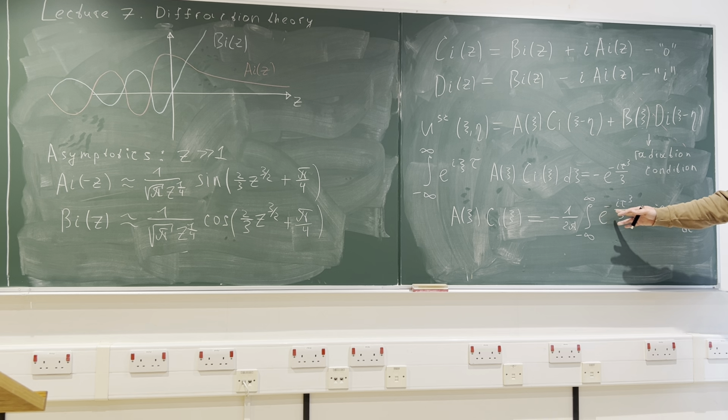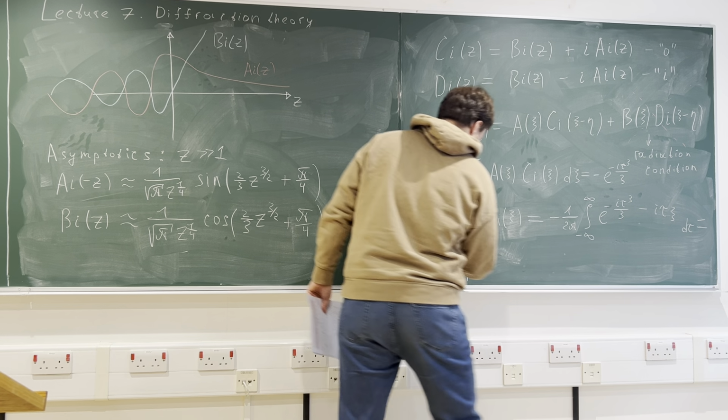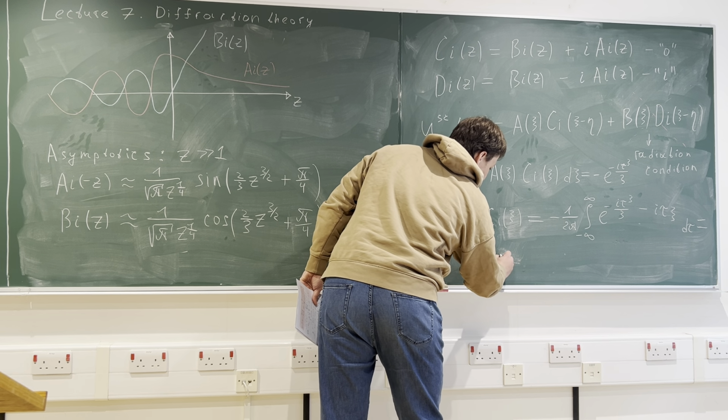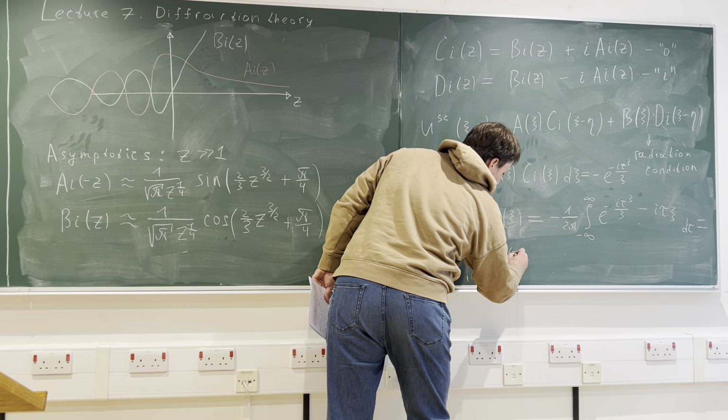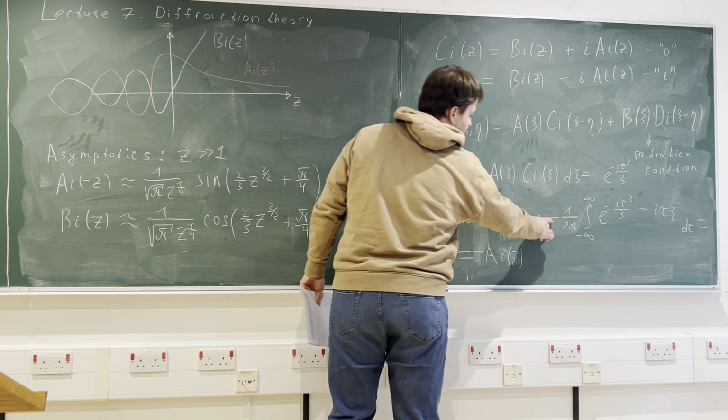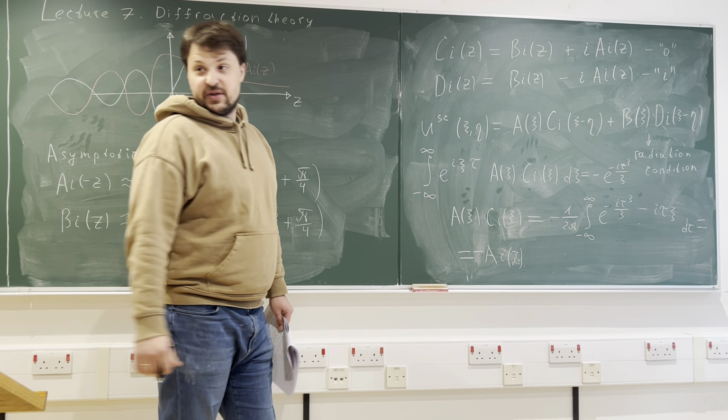Last time we had pluses here, but we can go from tau to minus tau, and so we will have the Airy function. So this thing is equal to Ai psi by 2 times Ai psi, just by definition.